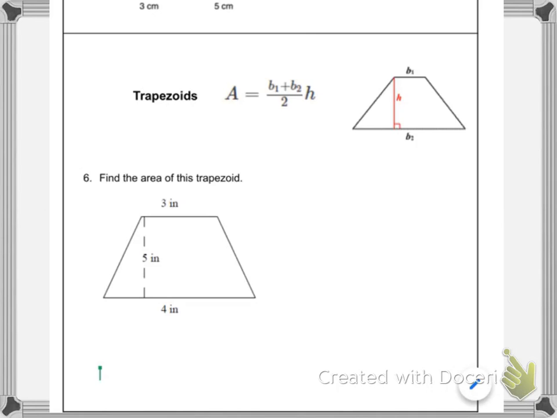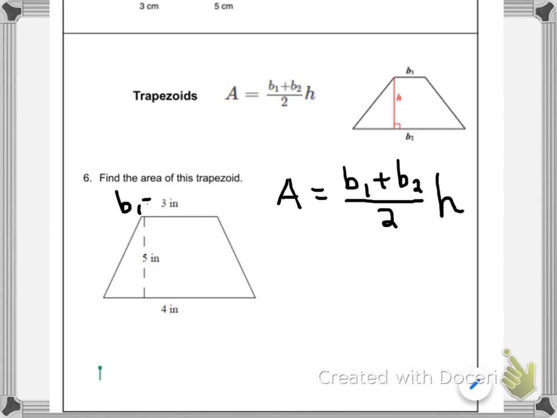Let's find the area of the trapezoid in problem 6. First, we rewrite our equation. A equals B1 plus B2, all divided by 2, then times h. Let's find B1 and B2.